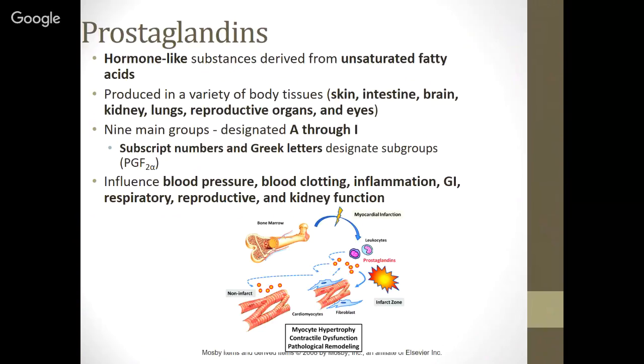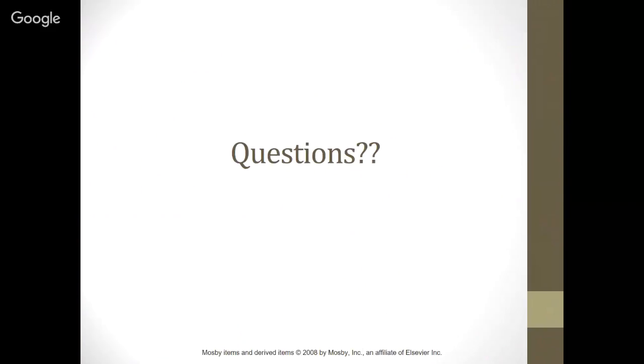So that's what a lot of our non-steroidal anti-inflammatories target, are prostaglandins. Now the problem is when we target those bad prostaglandins, we sometimes also target the good prostaglandins, like the GI prostaglandins, which help to protect our intestines. And that's why some non-steroidal anti-inflammatories will cause ulcerations of the stomach. It's all because of the prostaglandins.